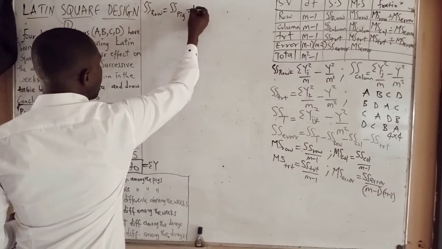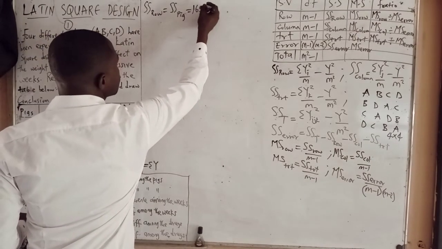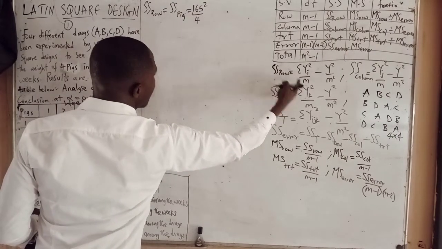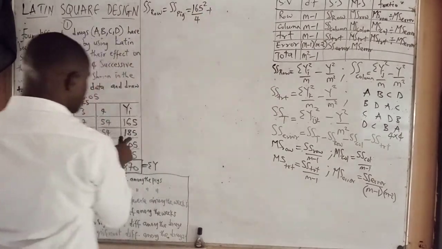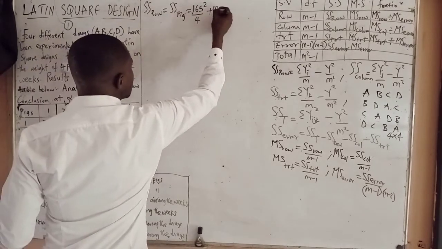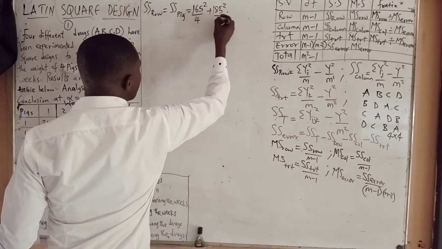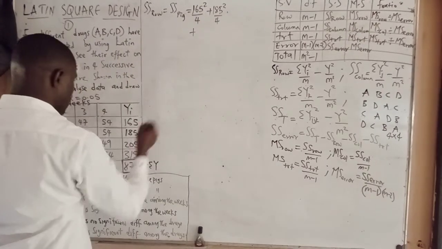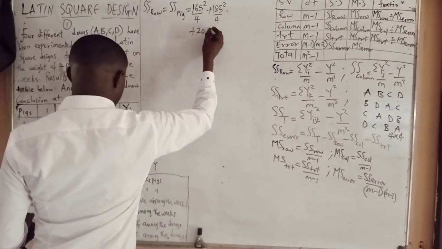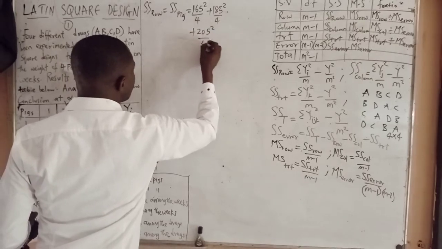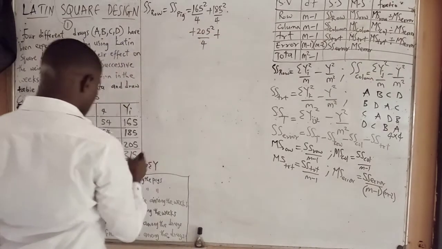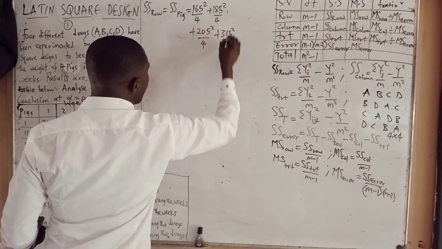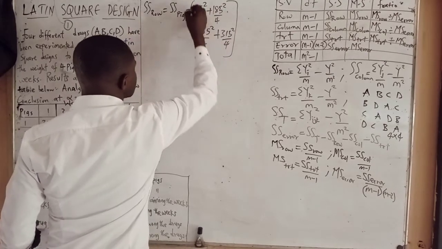So we now say 165 squared all over 4, because it is all over m, plus the next one, 185 squared all over 4, plus the next one, 205 squared all over 4, plus the next one, 315 squared all over 4. You bracket.